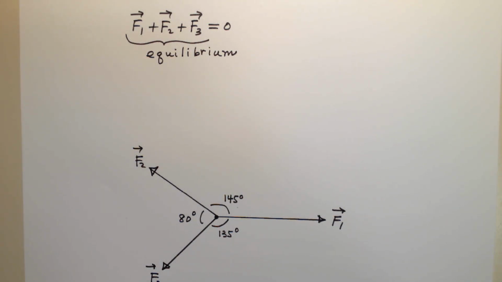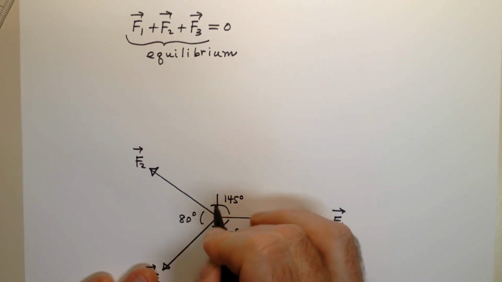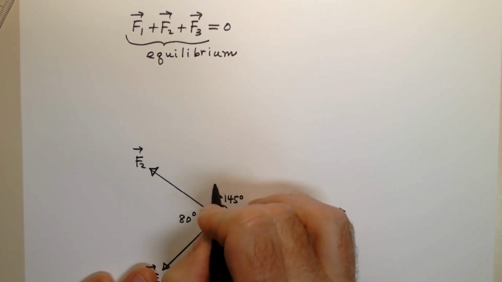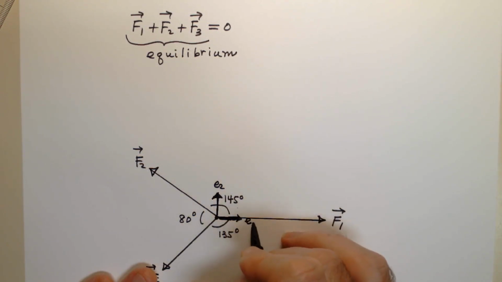Now, what we want to do is think about how we can resolve all of these components into the E1 and E2 directions. So let's give ourselves a little E1 and E2 here just for the sake of reference. So here are our basic unit vectors. There's E2 and there's E1.